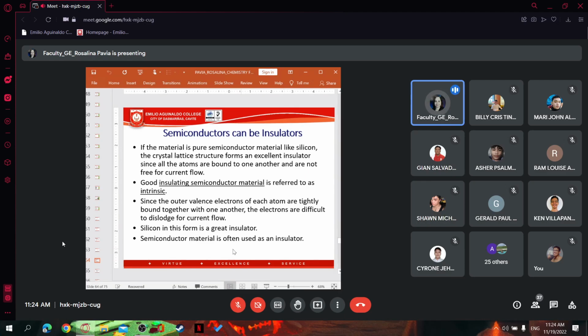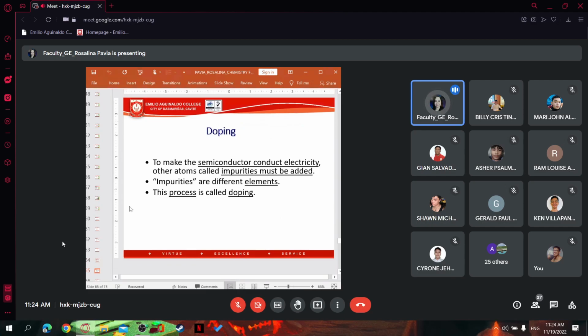Somehow, silicon is a great insulator. How does it become a conductor? By the process of doping. To make the semiconductor conduct electricity, other atoms called impurities must be added.